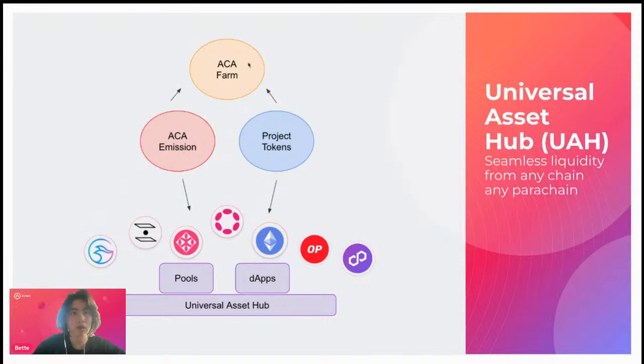And of course, ACA then becomes the oil in the engine, and the ACA holders become part of the empowerers of the ecosystem, and hopefully those holders can also ride with the ecosystem growth, right? So there's a connection between the two. And that's sort of where the hub is.